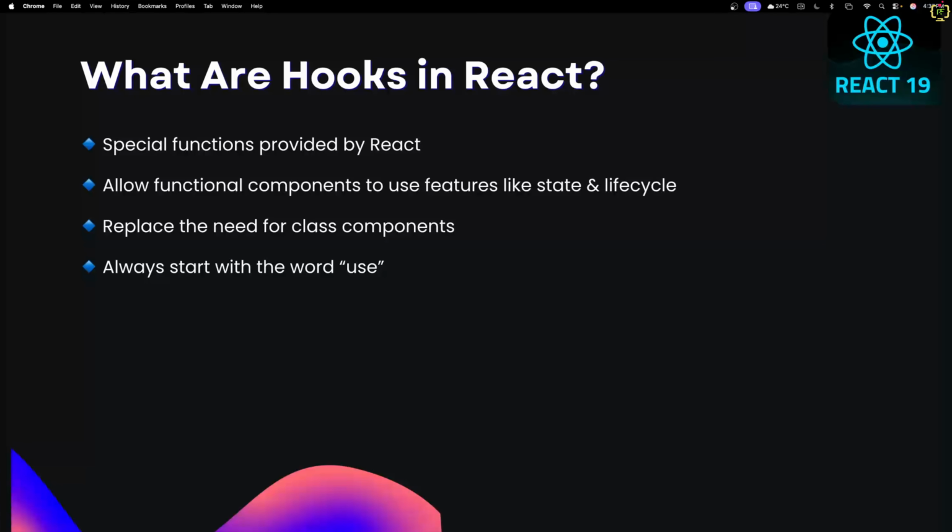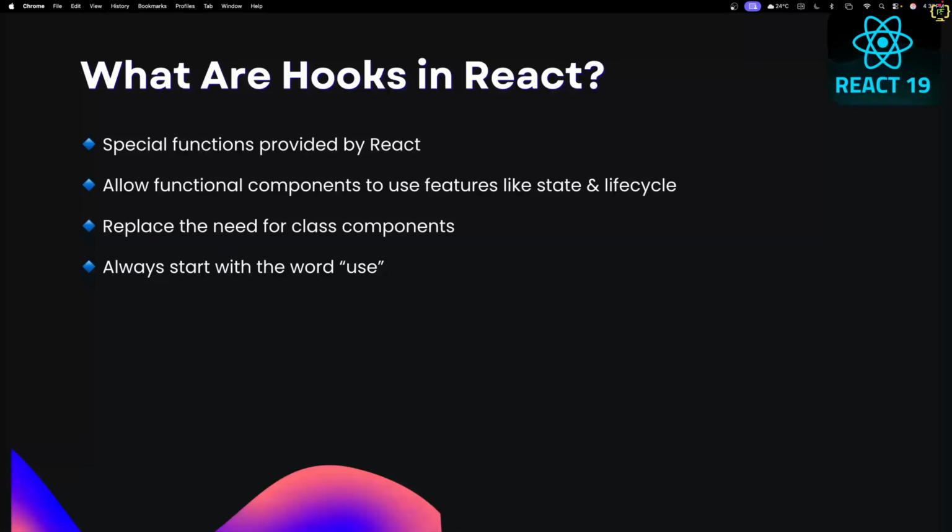Class components were powerful, but they came with many challenges. They were harder to understand, involved a lot of boilerplate, and needed the confusing this keyword everywhere. So React introduced hooks to solve these problems in version 16.8.